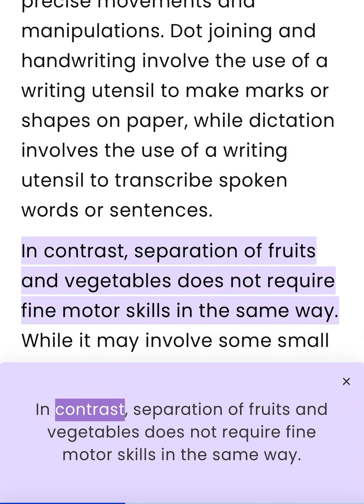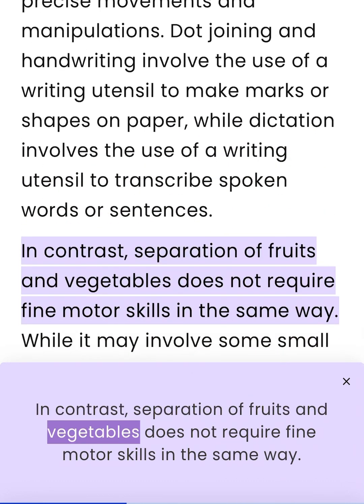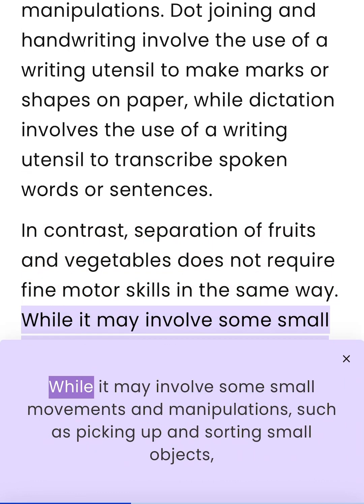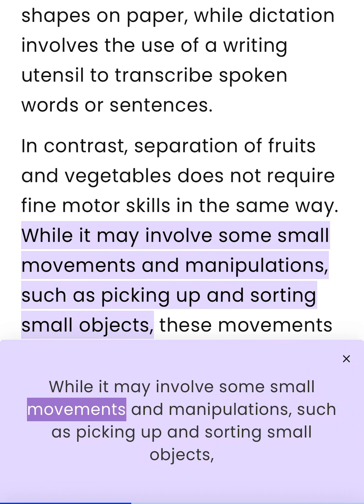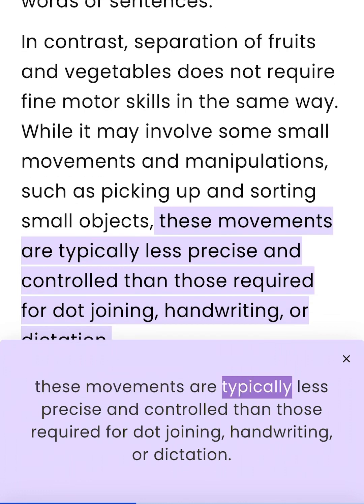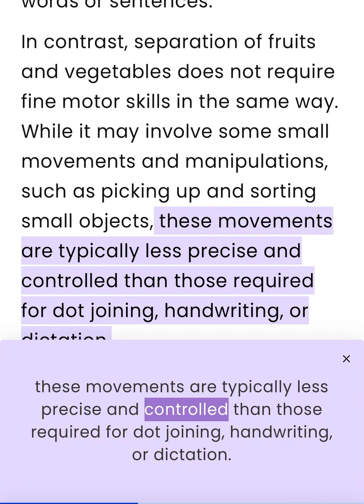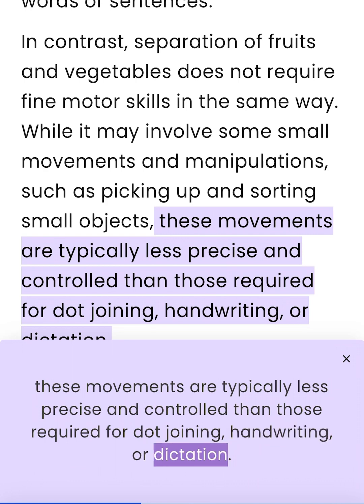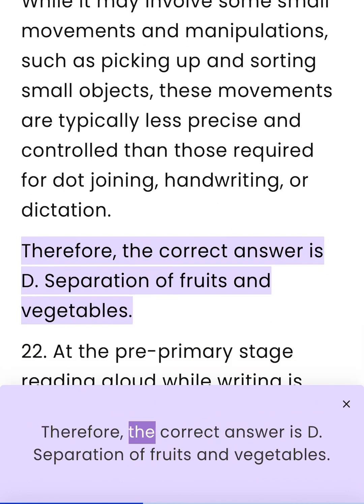In contrast, separation of fruits and vegetables does not require fine motor skills in the same way. While it may involve some small movements and manipulations, such as picking up and sorting small objects, these movements are typically less precise and controlled than those required for joining, handwriting, or dictation. Therefore, the correct answer is D. Separation of fruits and vegetables.